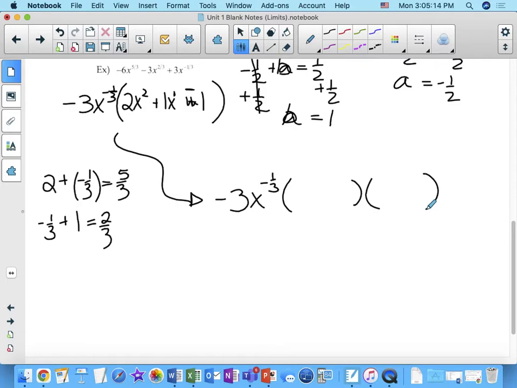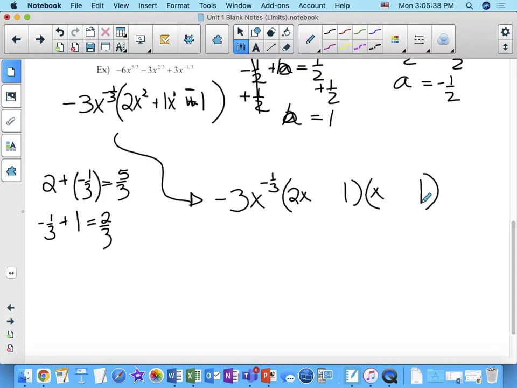The first two terms need to multiply to 2x squared. There's only two things that can multiply to 2x squared: 2x and x. So that has to be a 2x and an x. There's only two things that can multiply to negative 1: 1 and negative 1. So these both have to be a 1.